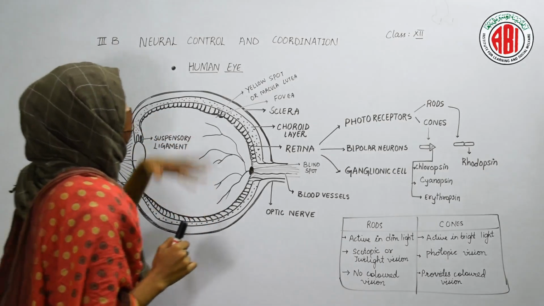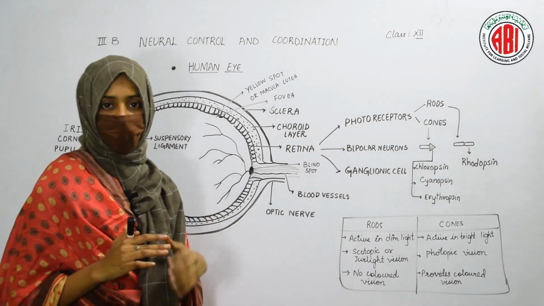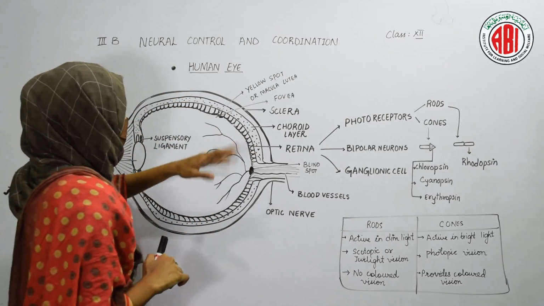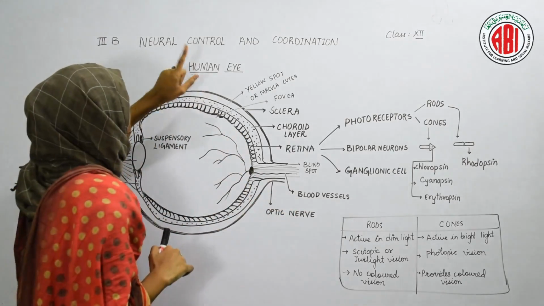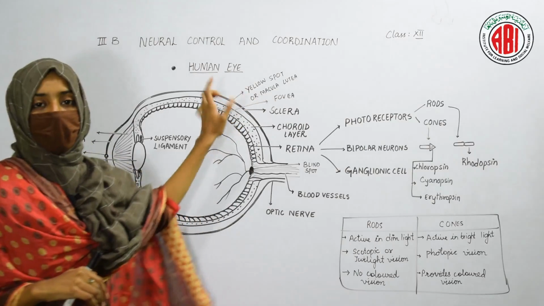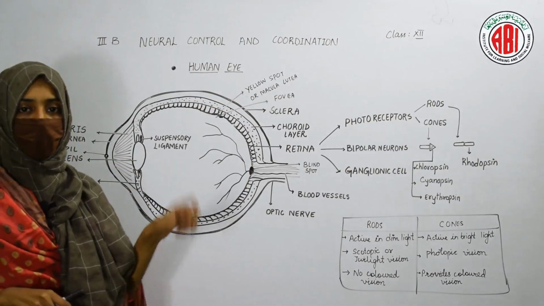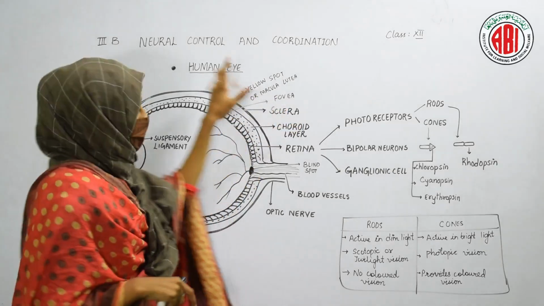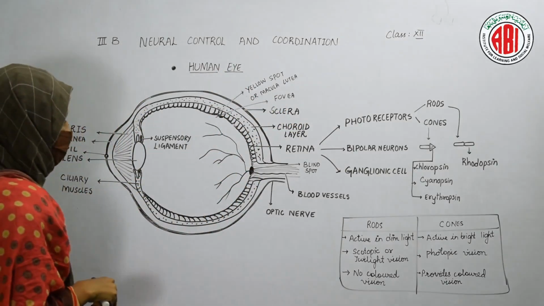We'll see within a minute why the yellow spot provides the bright vision, why the resolution is high in the yellow spot. This yellow spot can also be termed as macula lutea. This yellow spot shows a depression, and that depression can be termed as fovea. These are the different parts that you need to remember.